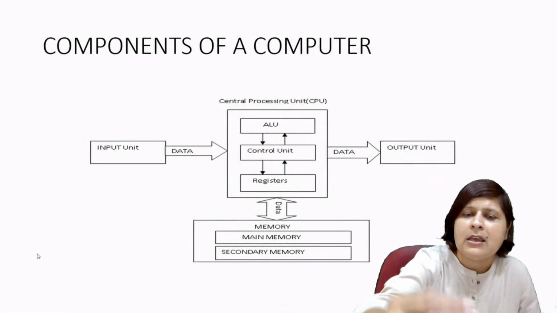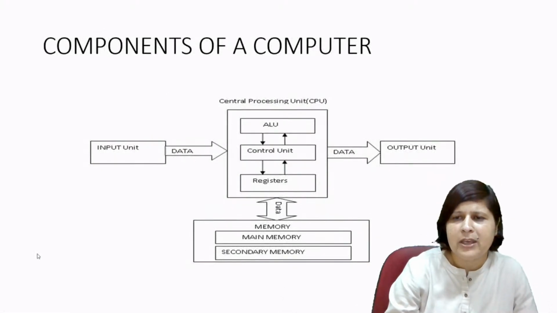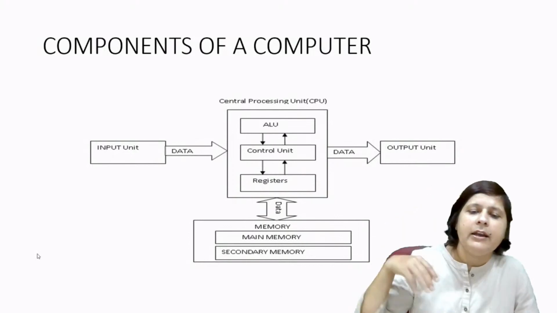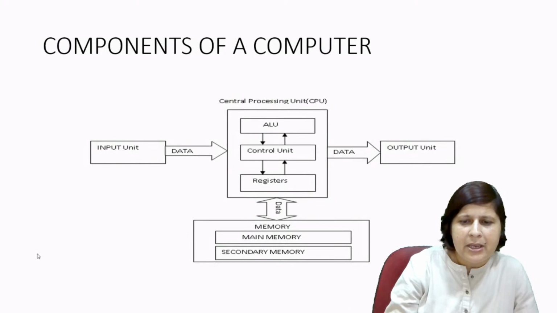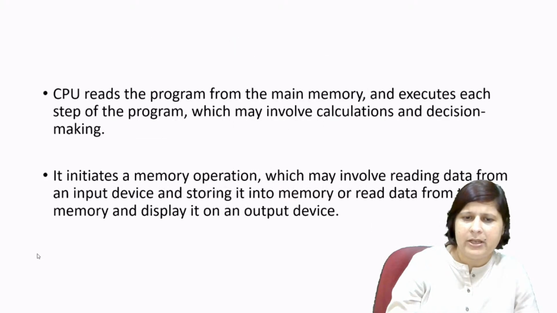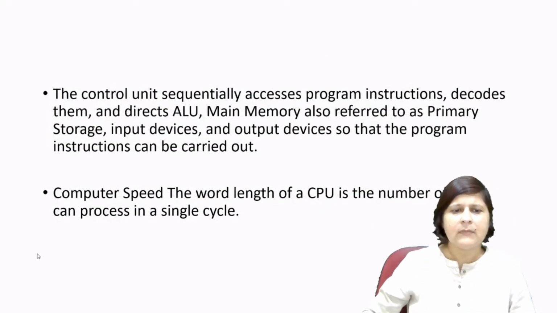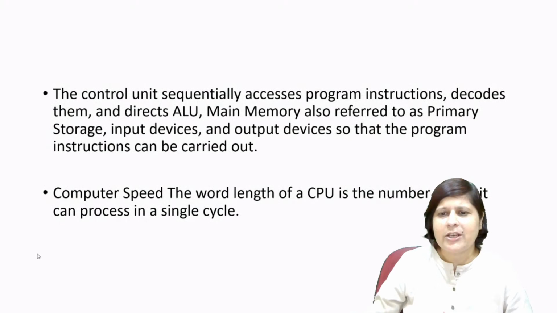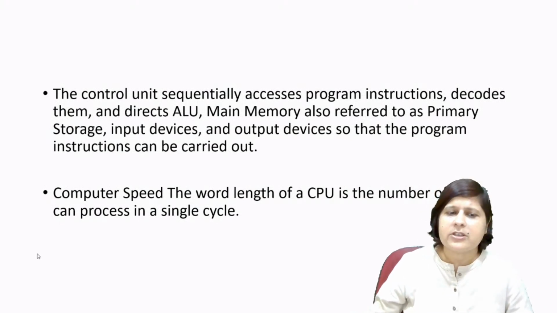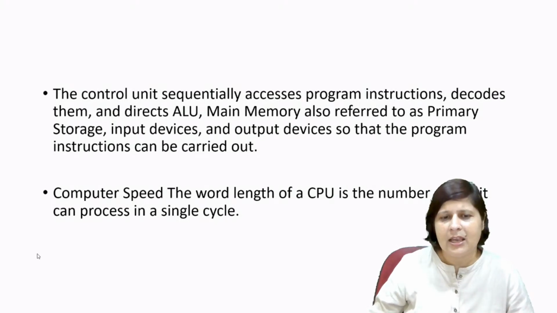Every time, it reads the data from the main memory and displays it to the output unit, as well as stores the data to the memory, right? The control unit sequentially accesses the program instructions, decodes them, and directs them to the ALU.